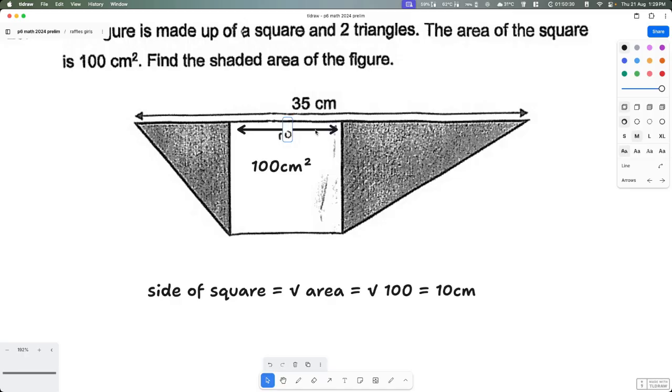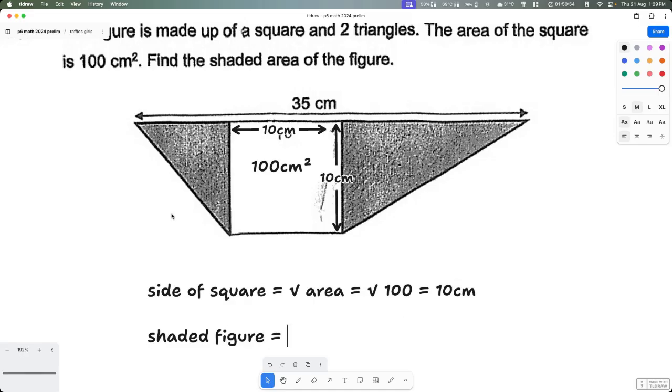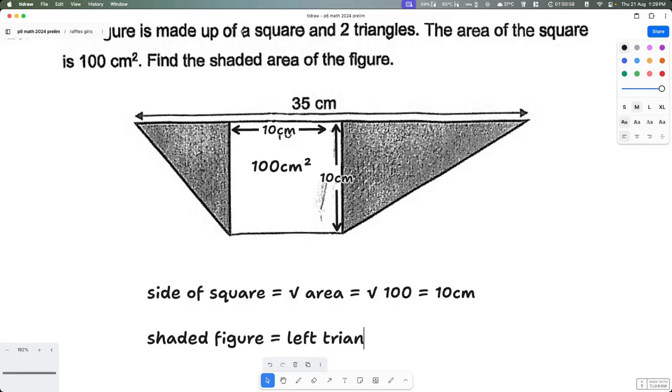I'm going to write here 10 cm, and then same goes here as well, 10 cm, 10 cm as well. Okay, basically I want to write this down. So shaded figure is equal to left triangle plus right triangle.